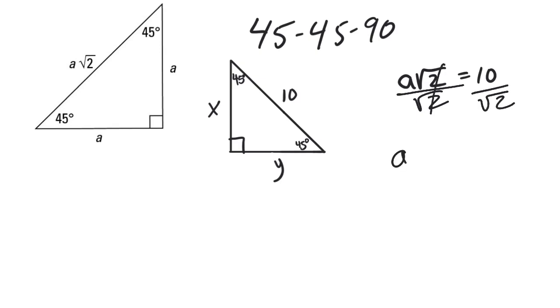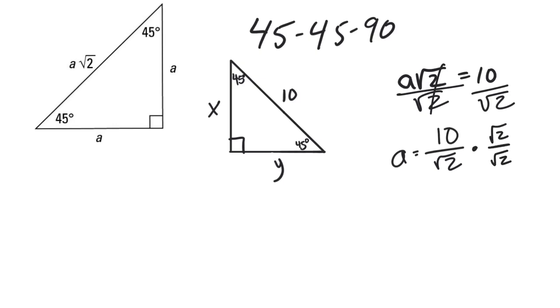And we get that a is equal to 10 divided by square root of 2. The only problem with that is you can't have a radical under a fraction. You can't have a radical as a denominator. So I need to get rid of the square root of 2. To do that, it's not very hard. We're going to multiply the top and bottom both by square root of 2.